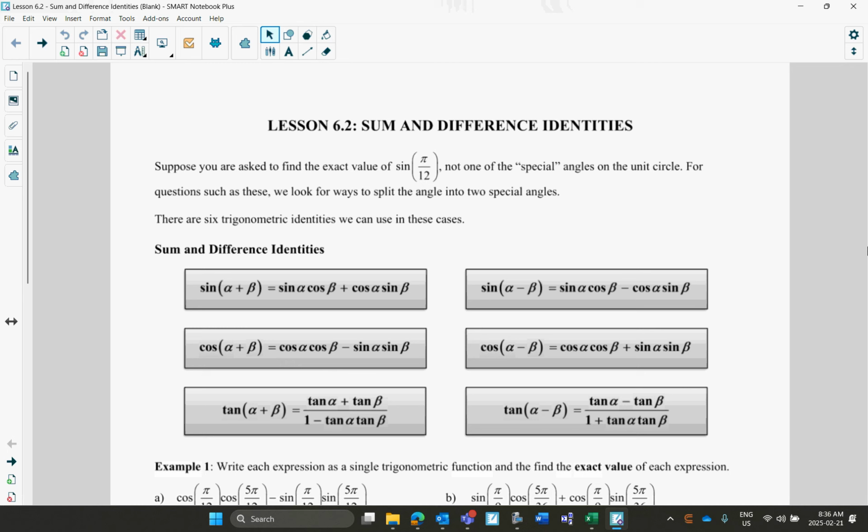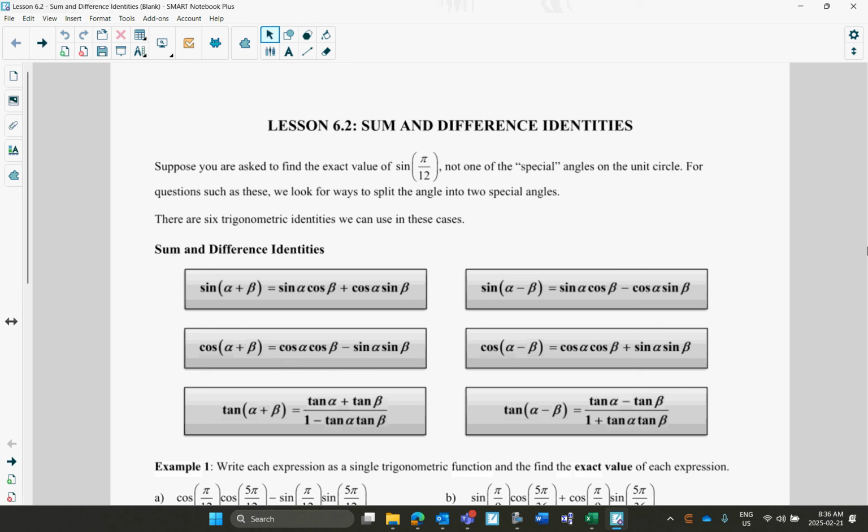We talked about quotient ones where tan is sine over cos, cotan is cos over sine, and then we talked about the main Pythagorean one where sine squared theta plus cos squared theta equals 1. And that allowed us to prove different identities.